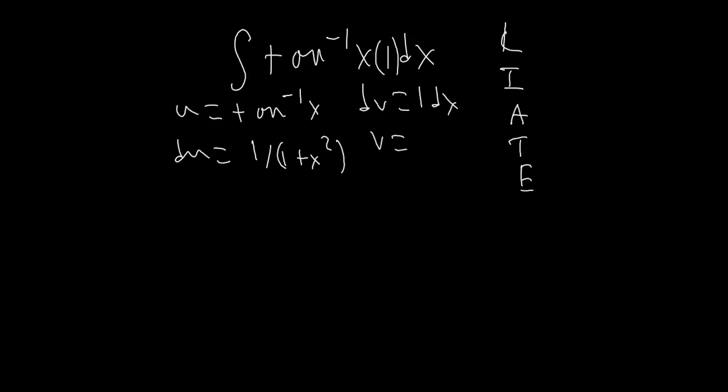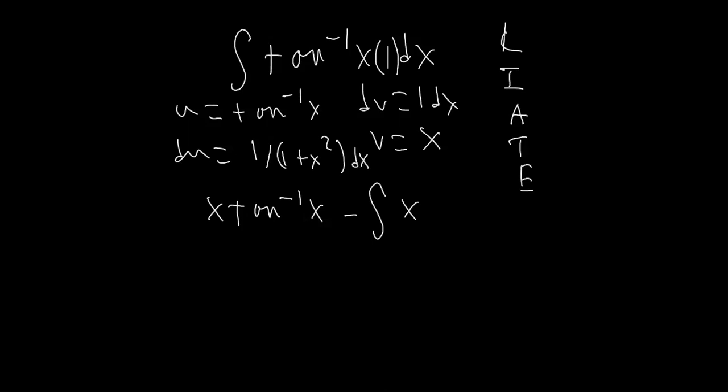Okay, so then dv simplifies to v equal to x, and then u times v is x times tangent inverse x minus the integral of v times du.